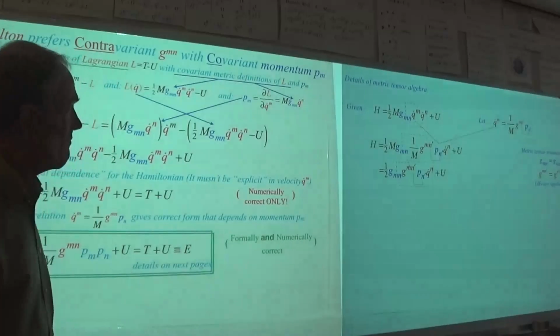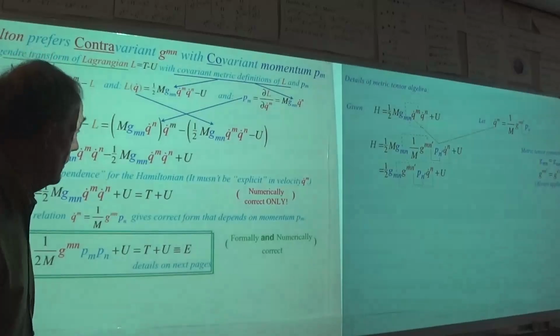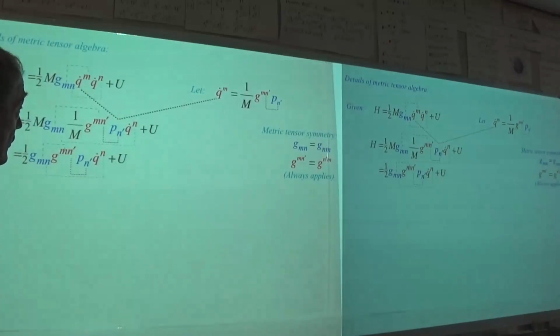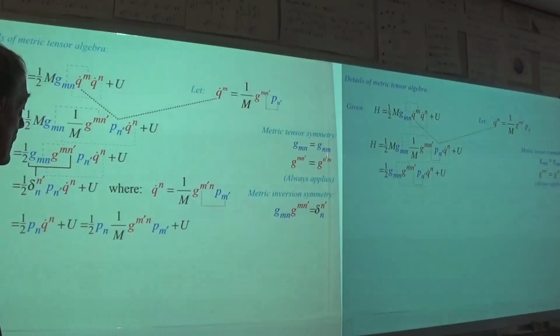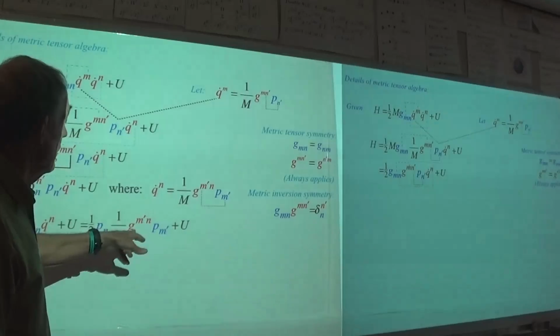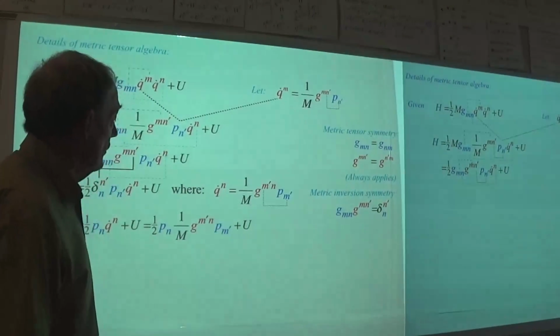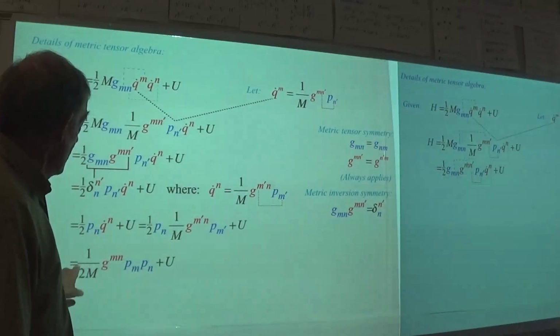That has to be in order for it to be a conserved quantity in the case of no explicit time dependence. So that's where we're headed: rewrite this in such a way that I can collapse it to a contravariant metric and covariant kinetic quantities, the covariant momenta sitting there. So that's the result we have.